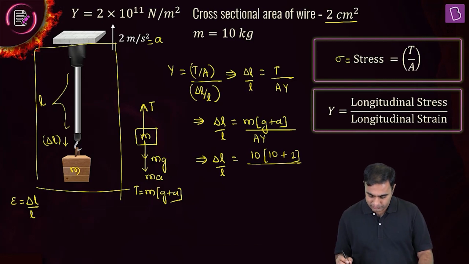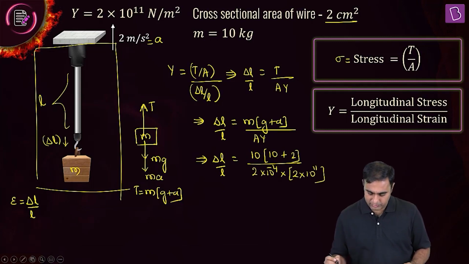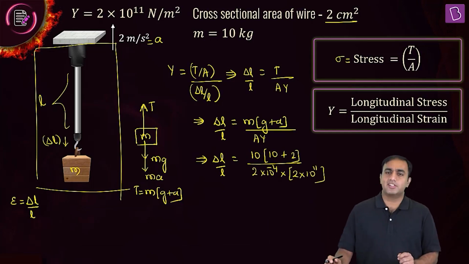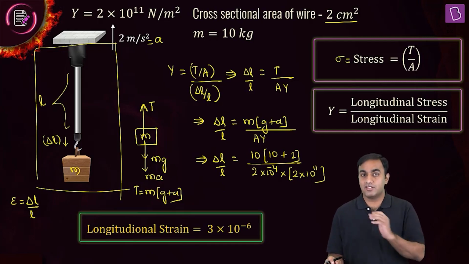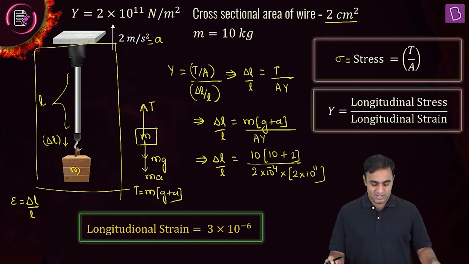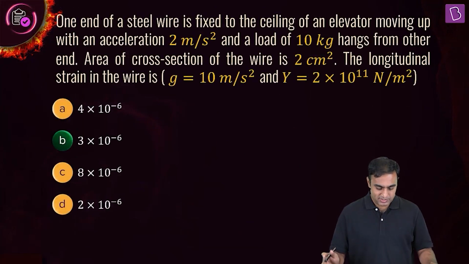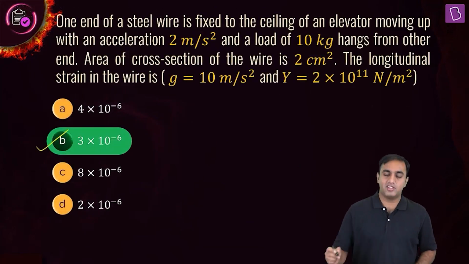So, substituting that, Y is given to us as well. It is 2 into 10 to the power 11. If you simplify this, you get around 3 into 10 to the power minus 6. That's your answer for the longitudinal strain, or the ratio of change in length in the string to the original length of the string. The correct option for this question is B.